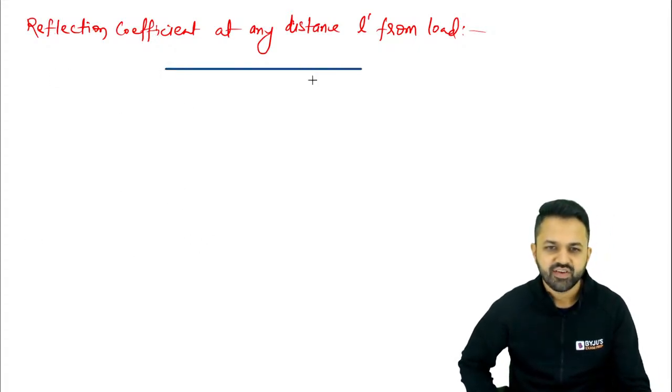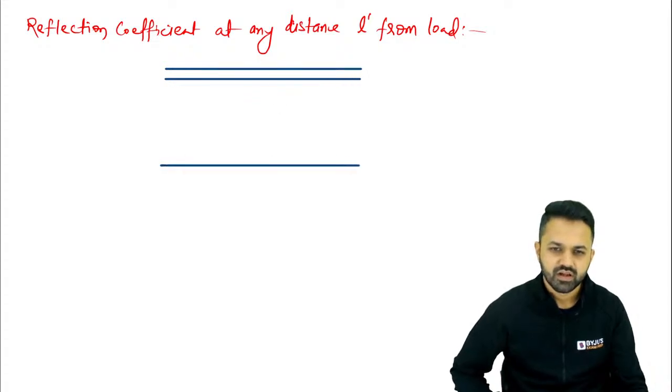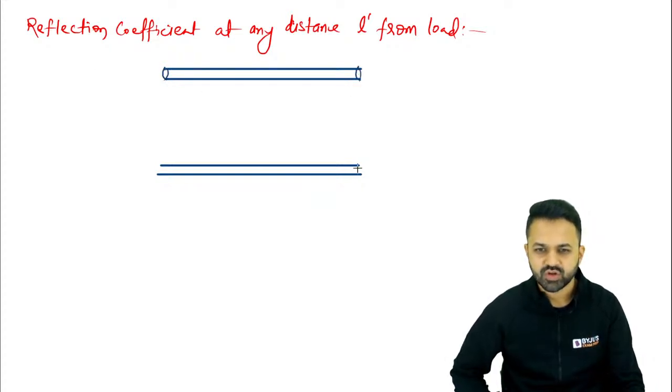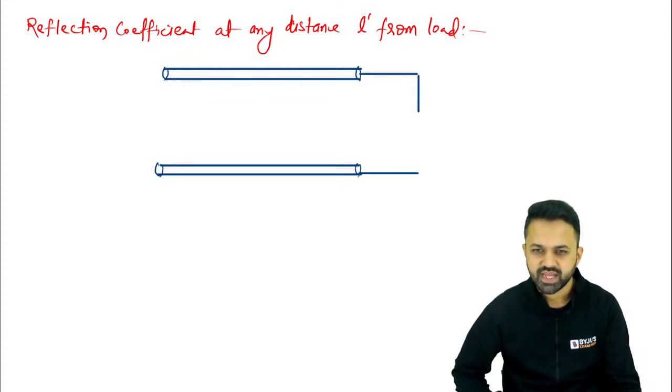So suppose we have a transmission line like this. Now you want to calculate the reflection coefficient, not exactly at the load, but at some particular distance from the load.